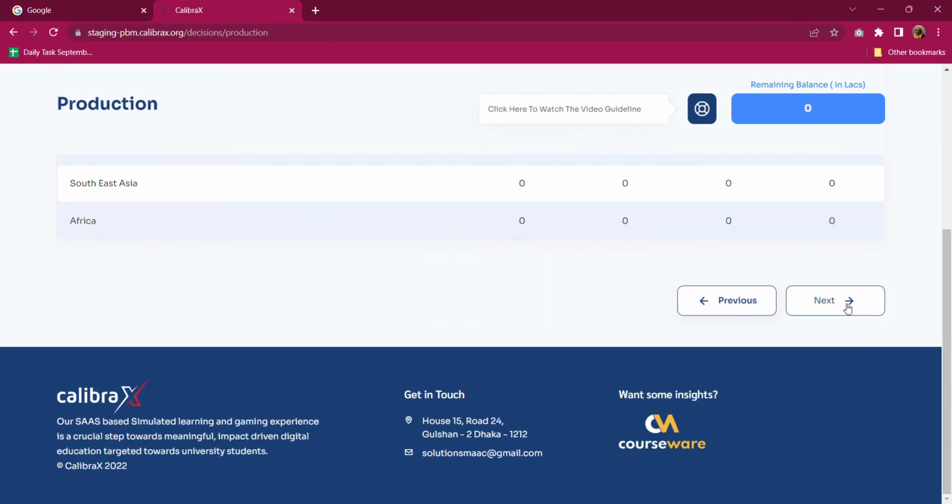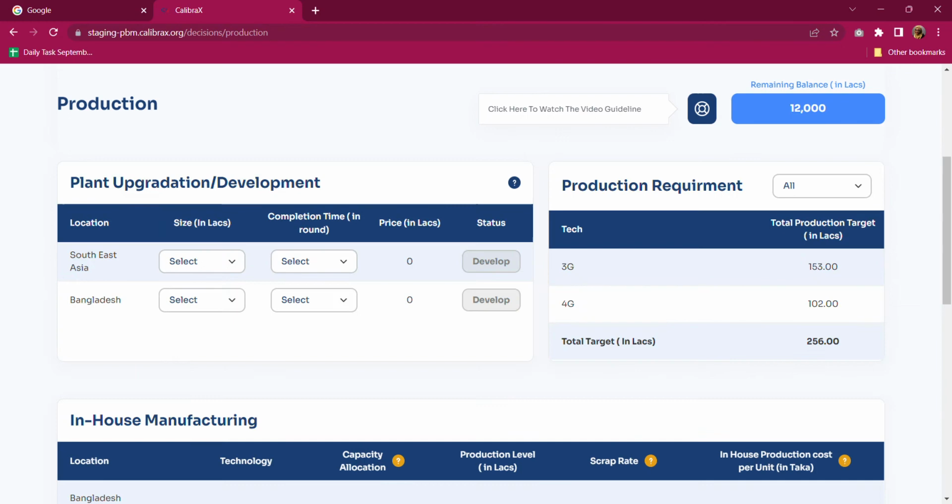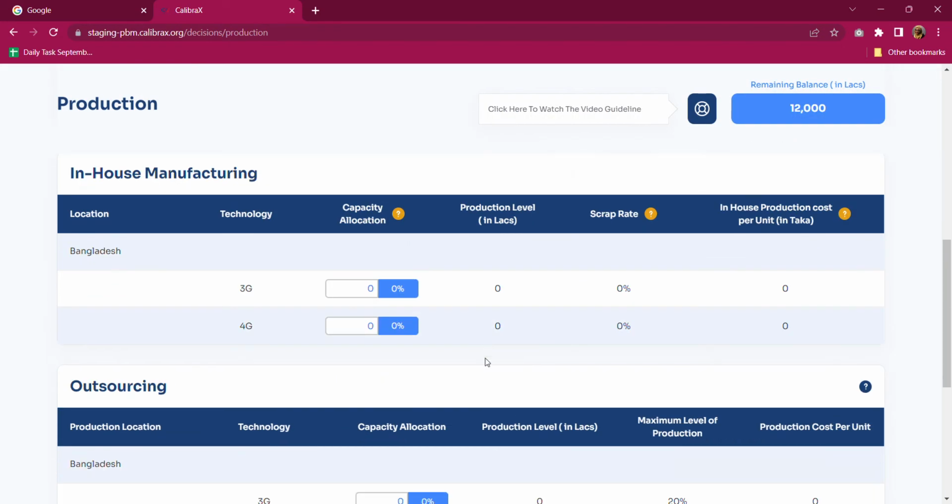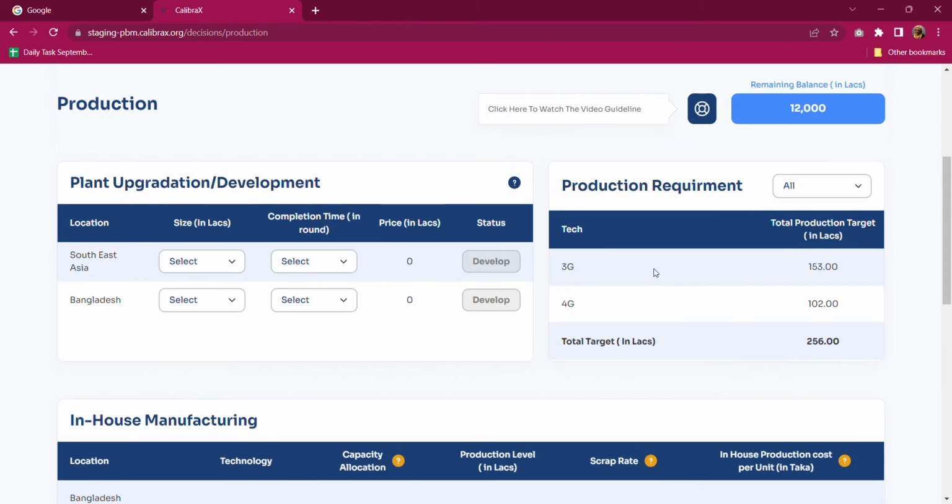So going back to our planning module, here we can see we have excess in in-house manufacturing and outsourcing manufacturing. For the 3G market, if we individually want to see USA, Southeast Asia and the Middle East, we can see the target. But because we are manufacturing in all, not by region, we are going to look at the overall target.